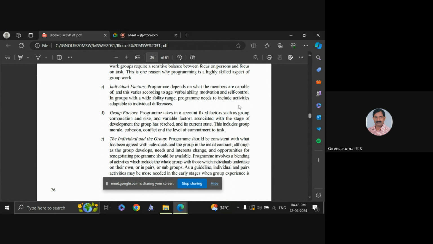Hence, they should understand the group factor, and this is important. The individual and the group: that means the program should be consistent with what has been agreed with the individuals and the group, the initial one.